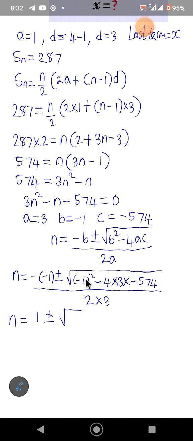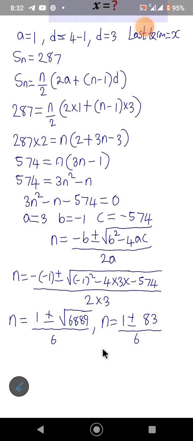Okay, now after I simplify everything here, I got 6889 all over 2 times 3, that's 6. Then n will be equal to 1 plus or minus the square root of 6889, which is 83, all over 6.